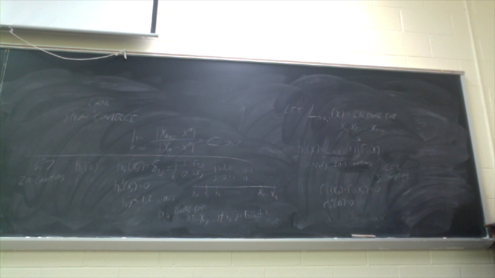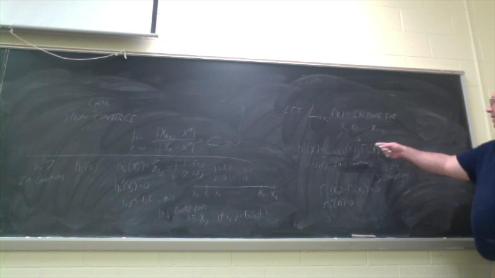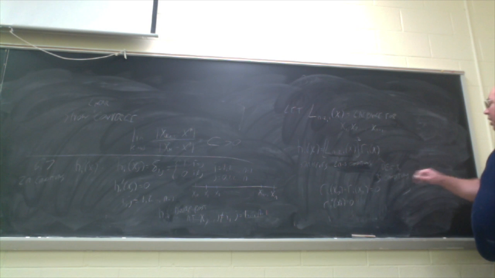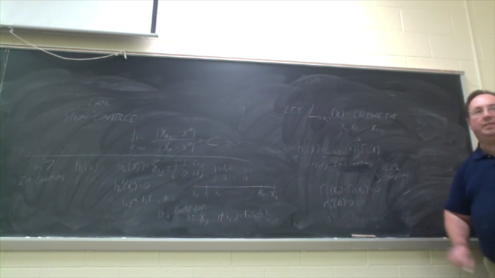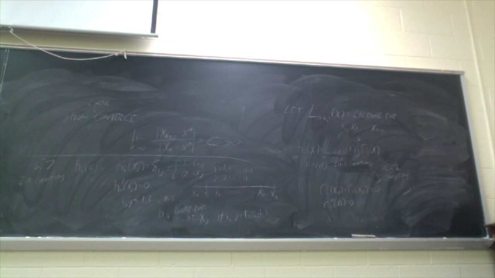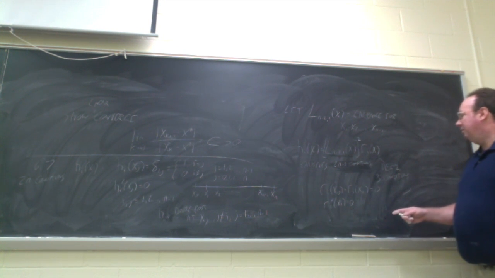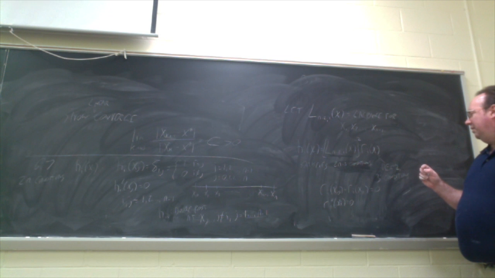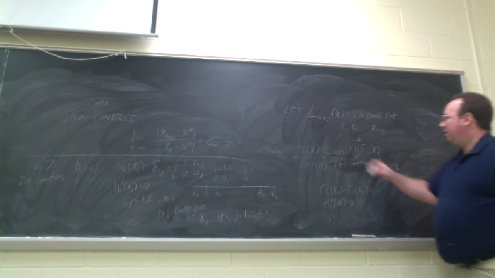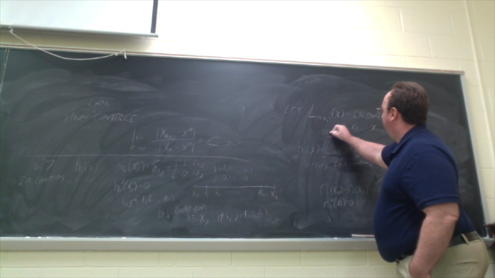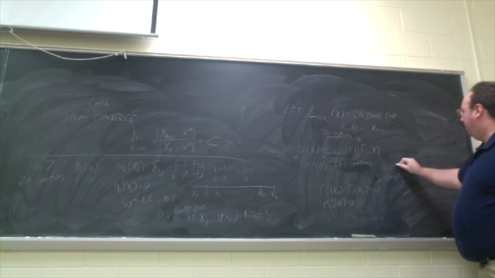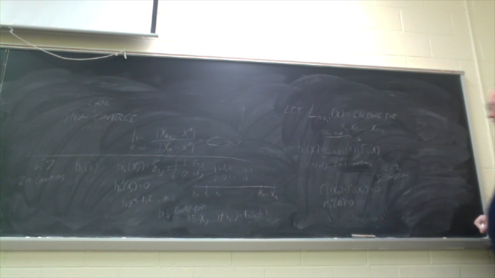Okay, so if that's 2n minus 4, degree 2. It still has to be cubic to make the whole thing have degree 2n minus 1.